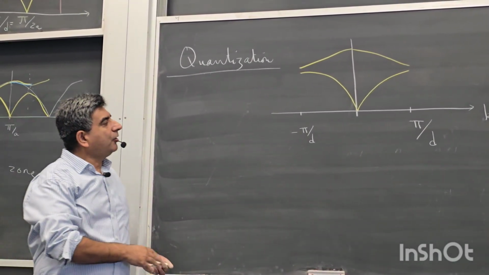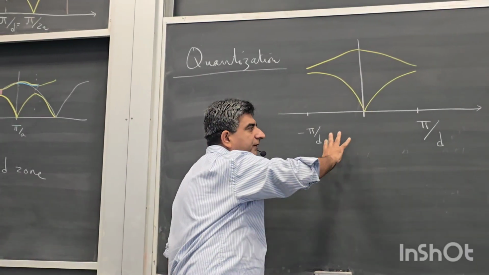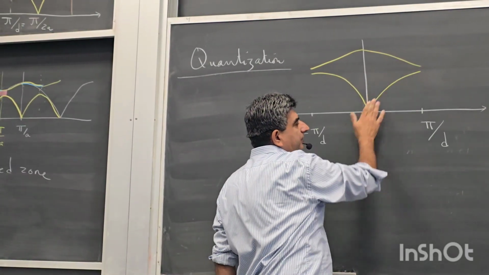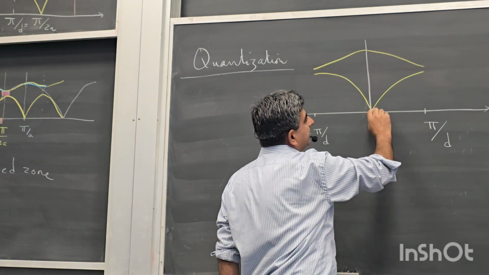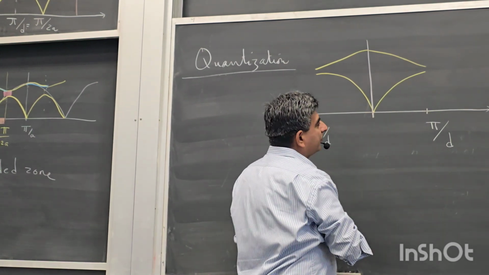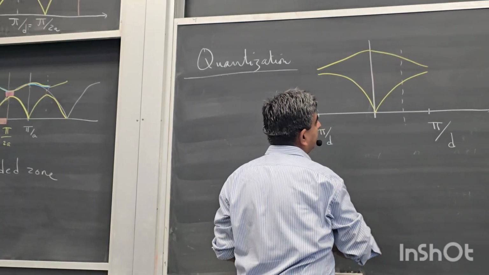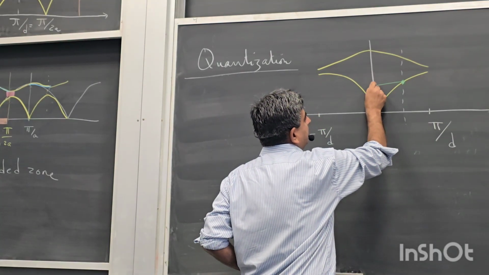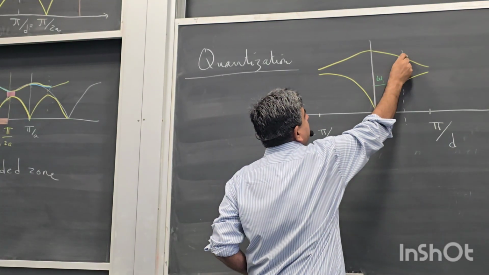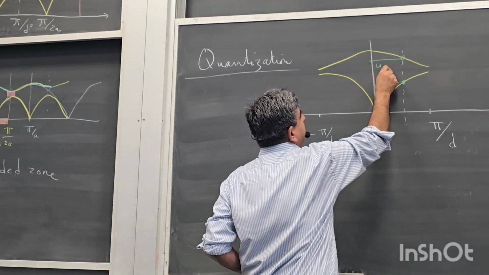All right, now from the graph it looks like all K values are possible inside this regime. And for one K value, we have 2 omega values, omega 1 and omega 2 for the same K value.